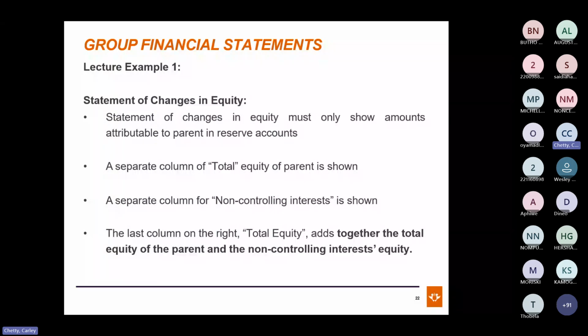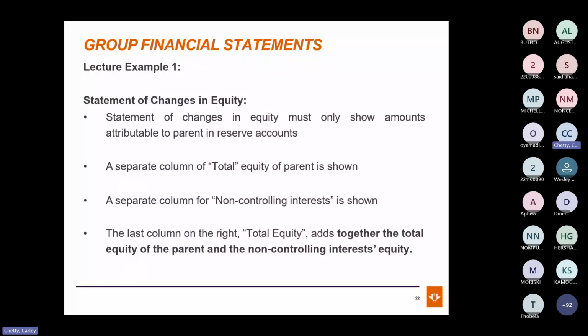And then we're going to have a column which says total equity of the parent. Then we're going to have the non-controlling interest. And then we're going to add the parent's column, the total equity of the parent. We're going to add that to the non-controlling interest, and that will give us total equity of the parent and non-controlling interest equity in one column, which is called total equity.